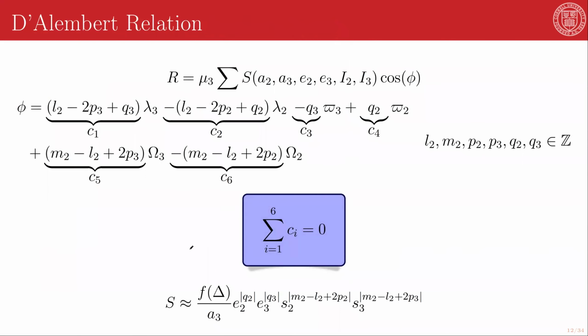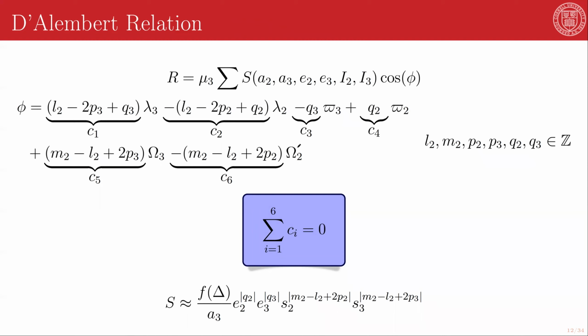From that earlier development, we can show that S can be approximated by some function of the Laplace coefficients with arguments of delta, our semi-major axis ratio, scaled by A3 times the eccentricity of body 2 to the absolute value of this Q2 integer times the eccentricity of body 3 to the absolute value of the Q3 integer times S2, which recall was sine of half the inclination of body 2 to the absolute value of this argument.